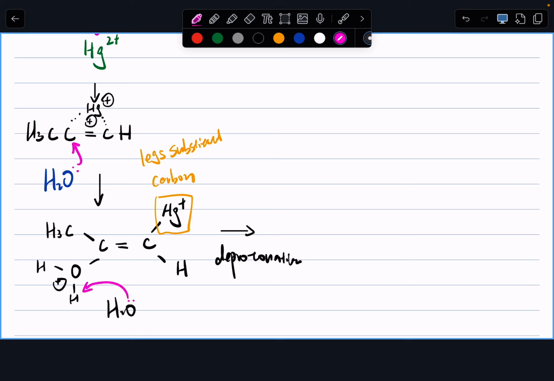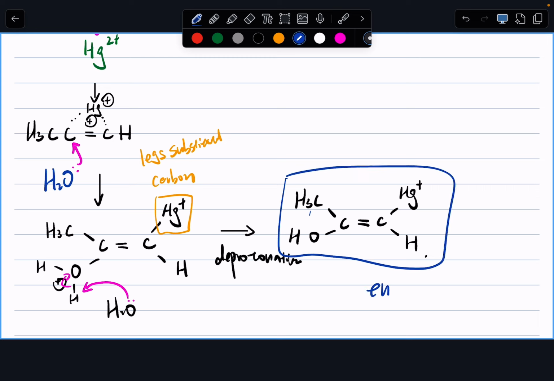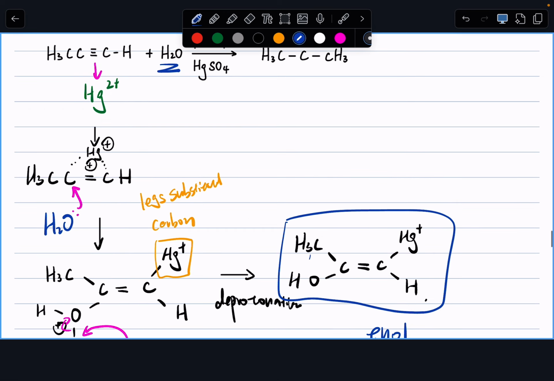So that is, we're taking the proton to form my neutral enol form. And remember, whenever you see an enol, the enol will undergo tautomerization to form the keto form.